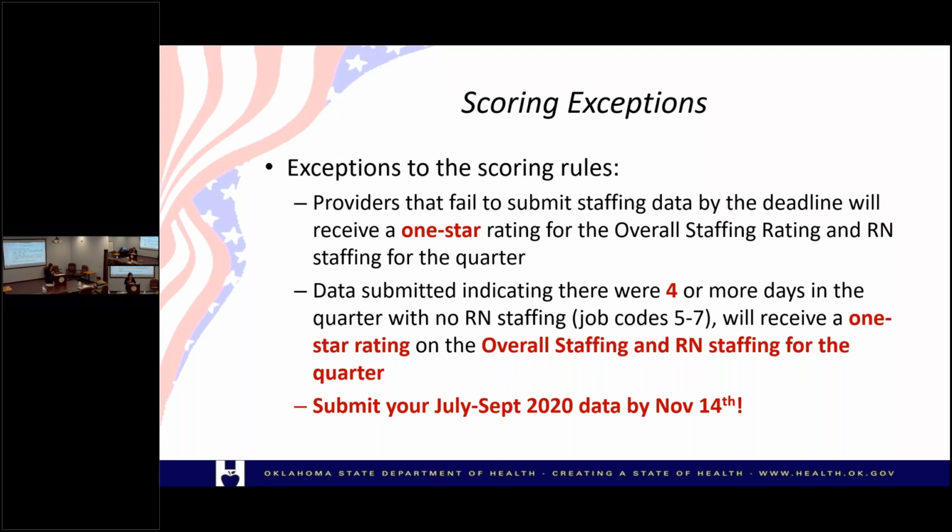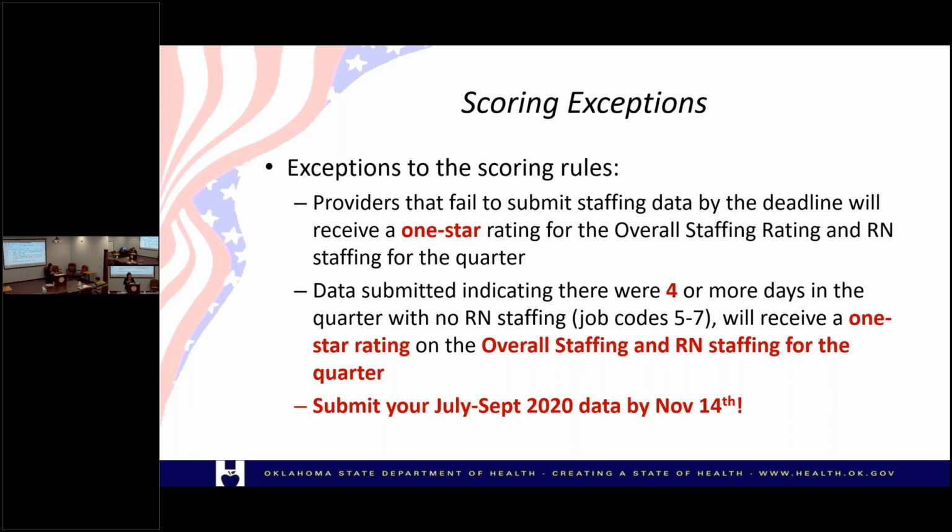Just want to bring out one thing though: because of COVID, there again was that waiver where nursing homes did not have to report their PBJ data. And as of August the 14th, facilities did have to start reporting again. So your next deadline, as another reminder, is November the 14th.